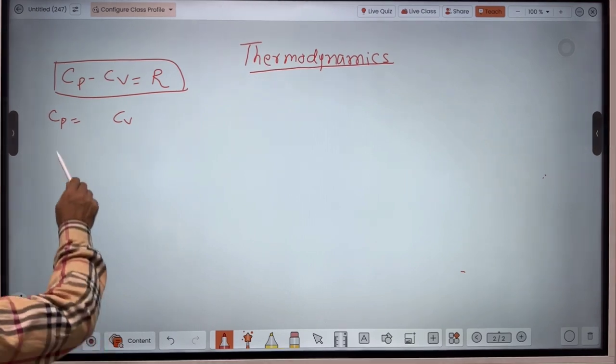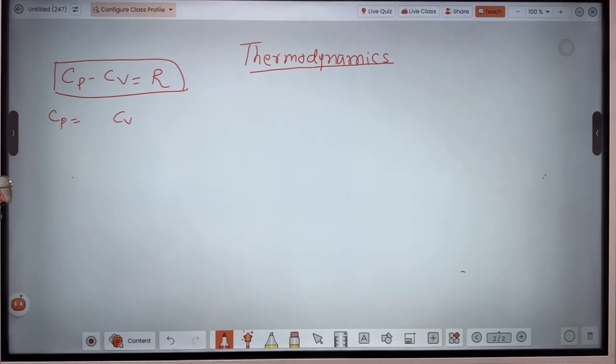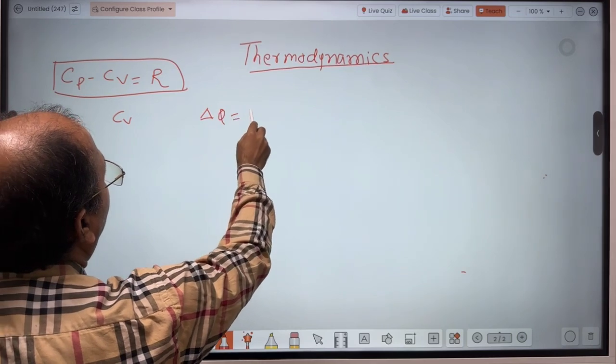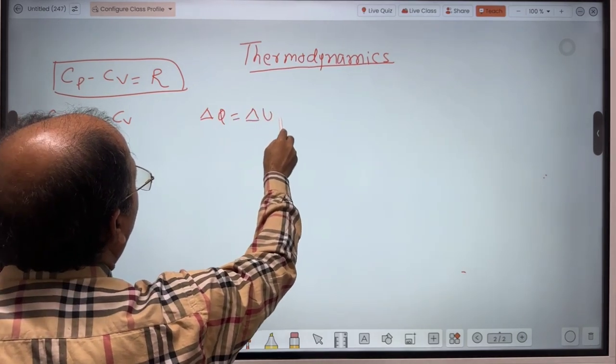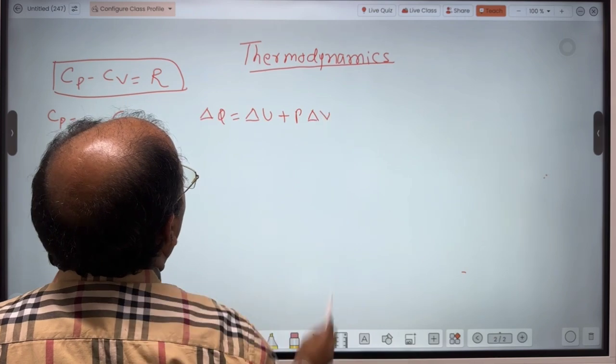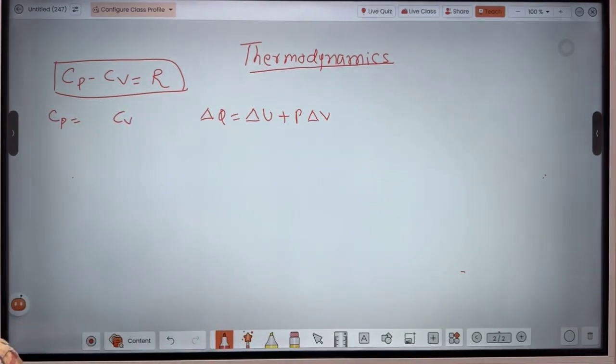So we are going to make use of the first law of thermodynamics. From there we will derive the relations for these, and then finally we will arrive here. So we write the relation delta Q equal to delta U plus P delta V, right? So this is the first law of thermodynamics.